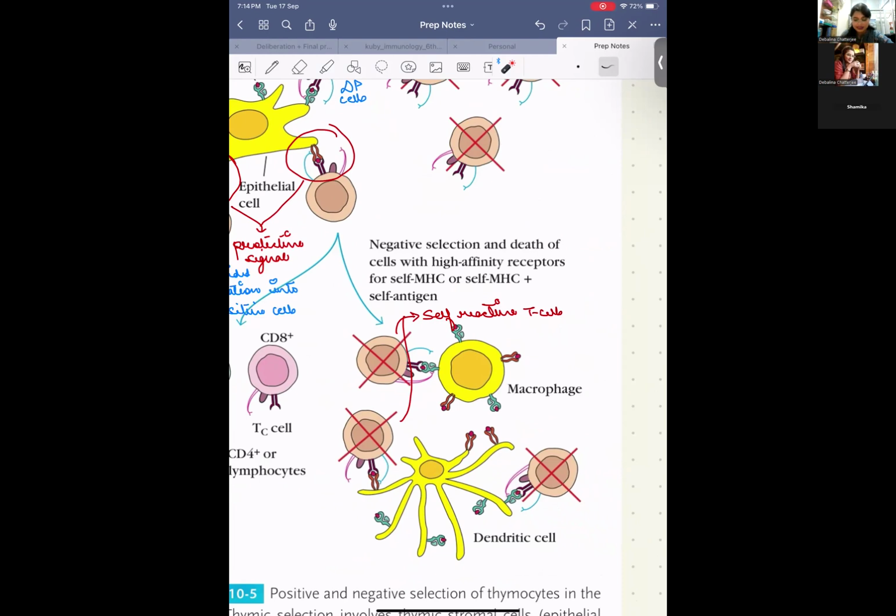In both of these cases these cells are negatively selected and will be triggered for death because they have high affinity receptors for self MHC molecules or self MHC with self antigen molecule.